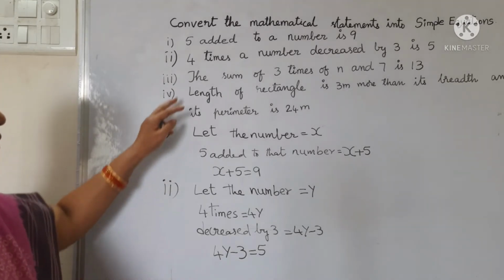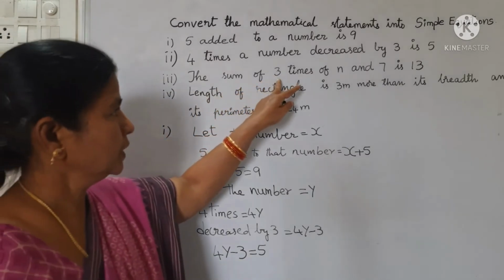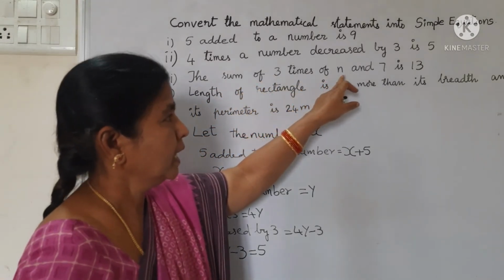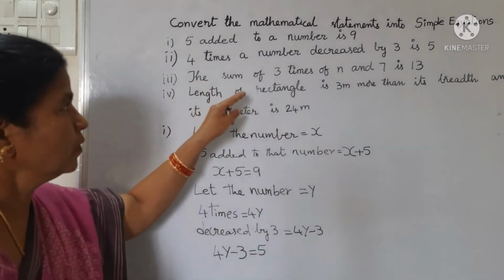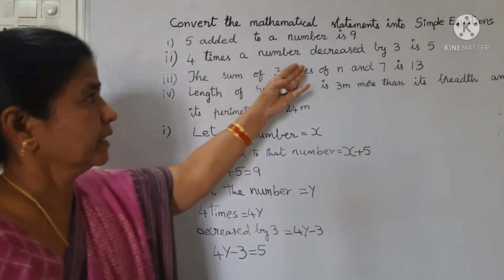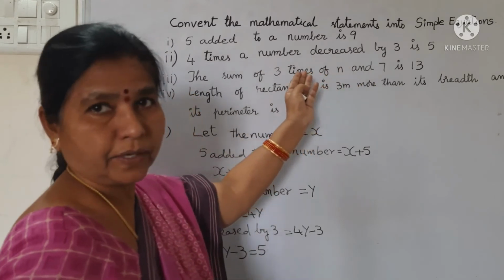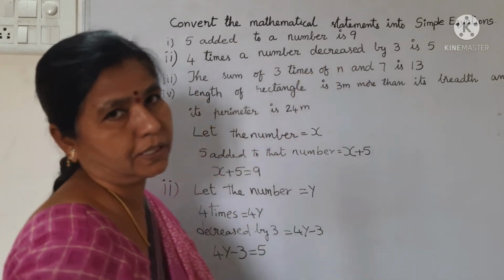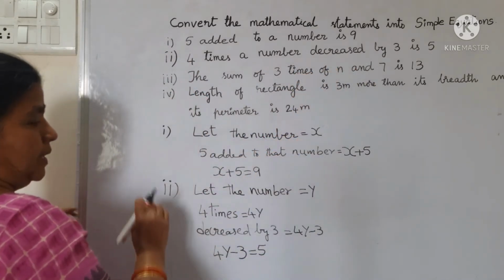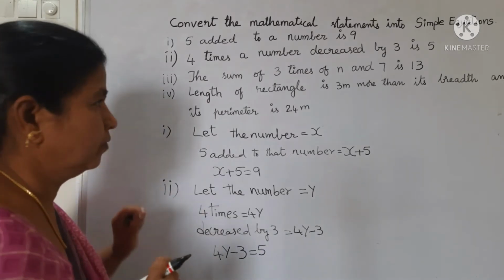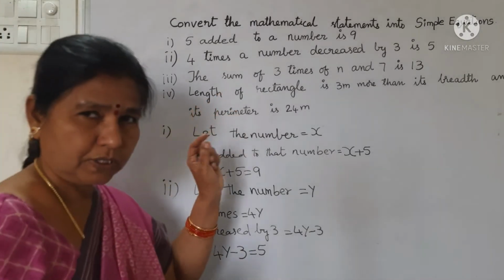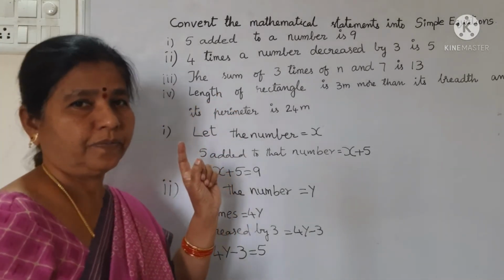Okay, let us solve the third one. The sum of 3 times n and 7 is 13. It is the same as that one: there it was decreased by 3, and here we are adding 7 to that number. While reading the problem itself, we have to get the idea of solving it. That is why we have to read the problem very carefully.